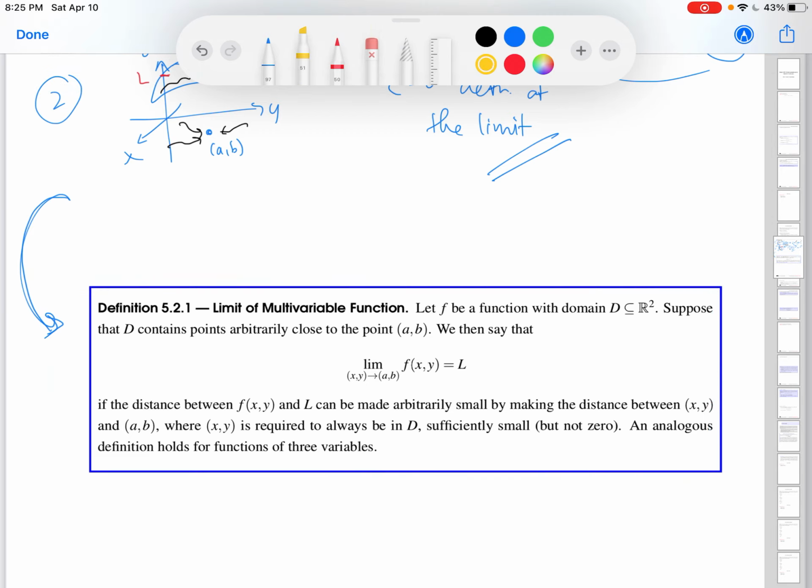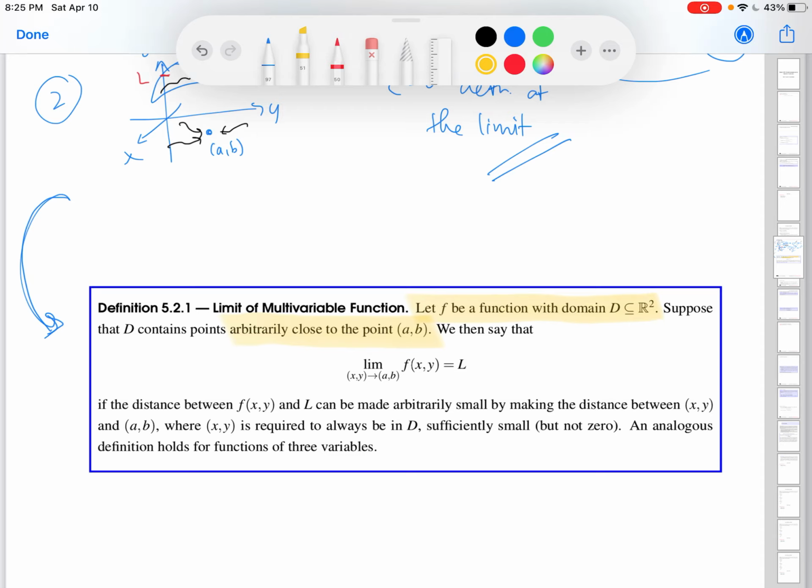What does it say? Suppose I have a function with a certain domain, D, and suppose that D contains points arbitrarily close to the point (a, b). Already you can see some of the challenges in thinking about this definition, but I'll keep going.